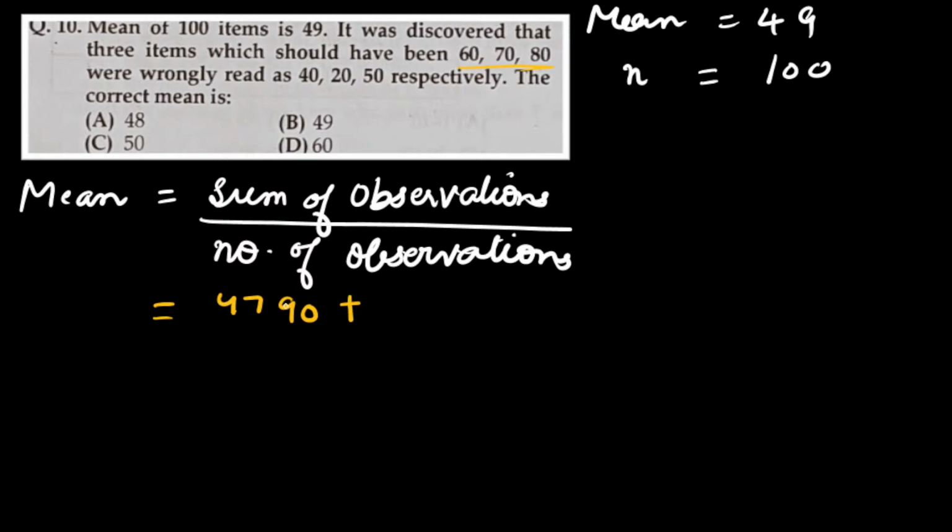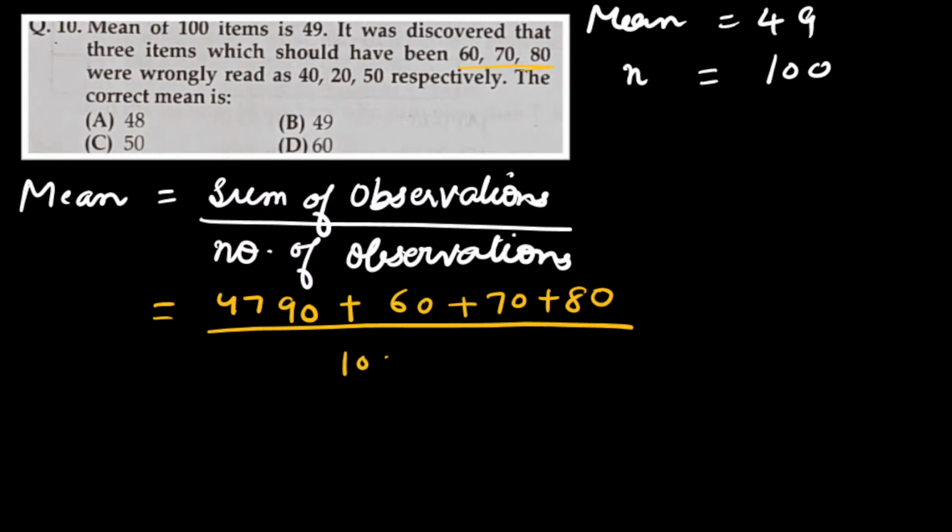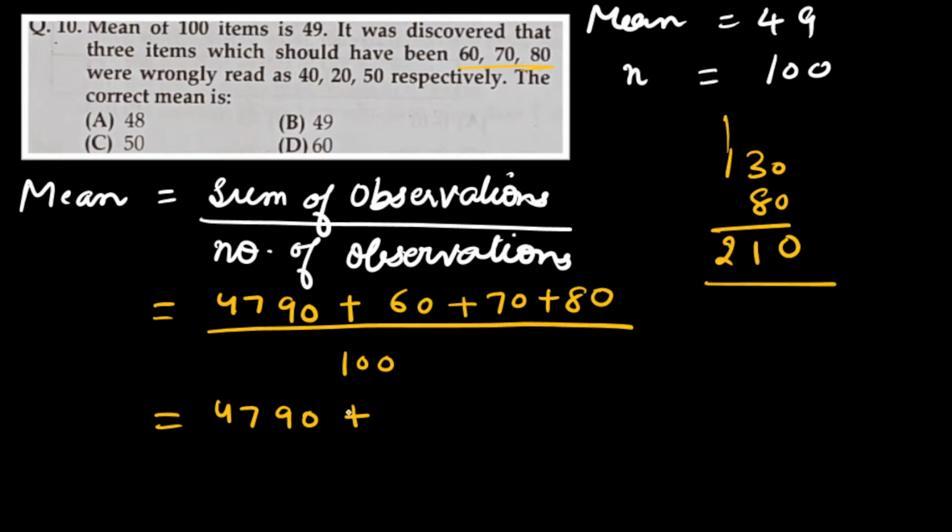In this sum, I will just add the correct ones, 60 plus 70 plus 80, and divide by the number of observations, which are 100. Okay, just add this one now. So this is 4790. 60 plus 70 is 130, 130 plus 80 is 210.